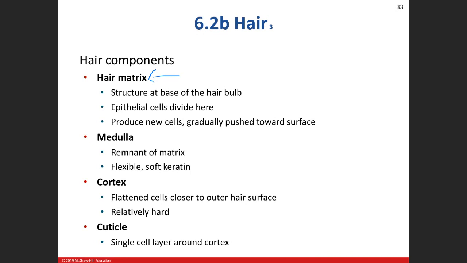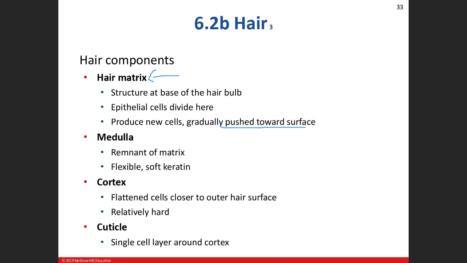Similar to what we saw in the epidermis, in the stratum basale, when you have a keratinocyte that divides, one stays in that layer, the other one gets pushed towards the surface. Same thing happens here. One will stay, and then the other one will get pushed towards the surface.